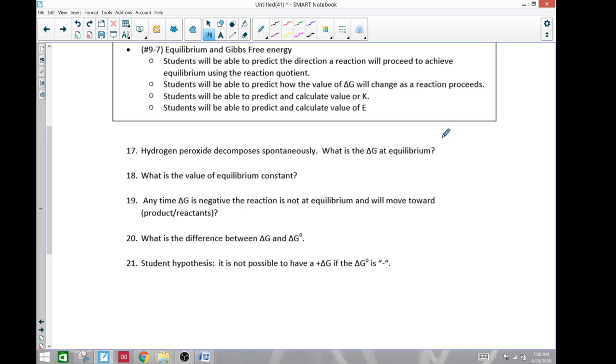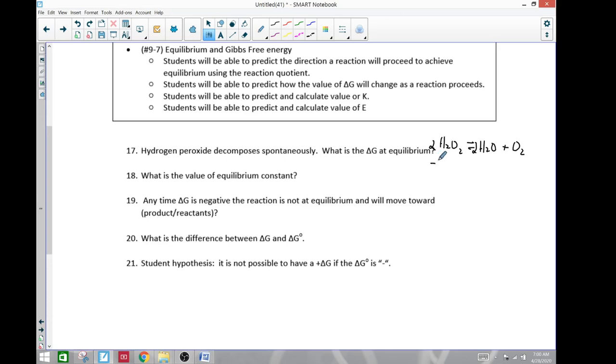The equation is 2 H2O2 goes to and comes from 2 H2O plus O2. I'm going to use my delta G values at that temperature. So for H2O2, negative 120 is for this.